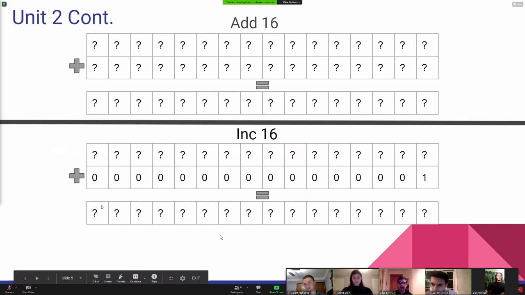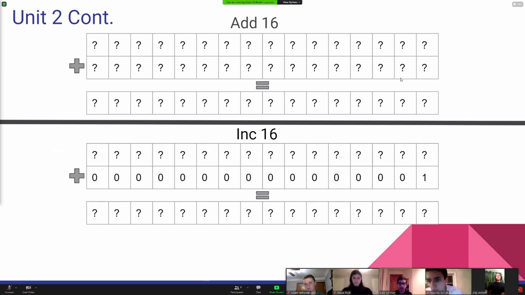Then there's the Add16, which might look confusing, but all it means is you have a 16-bit binary number, and you get a second binary number, and all you're doing is what I showed you before. You start going right to left, adding them together the same way you do it in decimal, and you keep carrying.